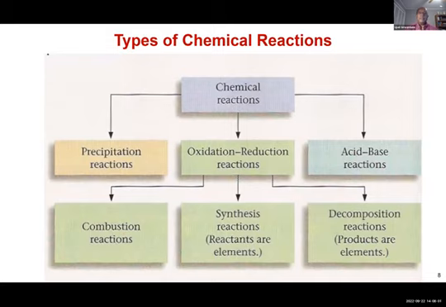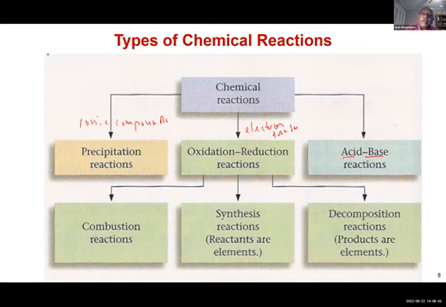Chemical reactions are mainly three categories. Precipitation: these are ionic compounds, mainly salts. Redox: these could be ionic compounds, but they undergo electron transfer. Acid-base are reactions between acids and bases.